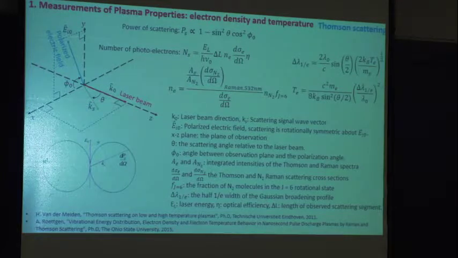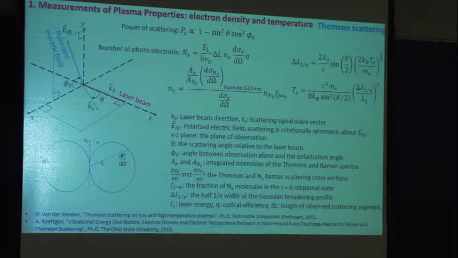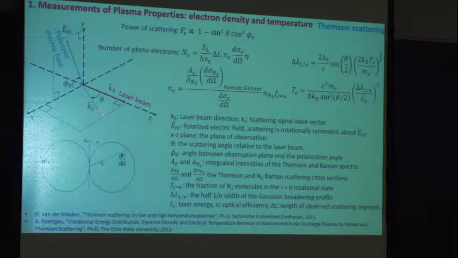So the scattered power, PS, is a function of theta, the scattering angle relative to the laser propagation direction, and phi, the angle between the polarization angle and the observation plane. This is given by the equation of scattered power.